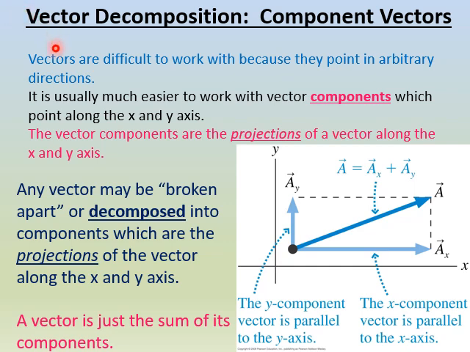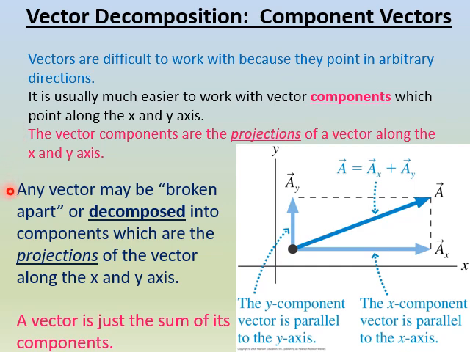The reason we're going to do this is because vectors are difficult to work with, and they point in arbitrary directions. So it's usually much easier to work with vector components because the components point along the x and the y axes. The vector components can be thought of as projections of a vector along the x and y axis, and I'll explain this shortly when we work with the diagram here.